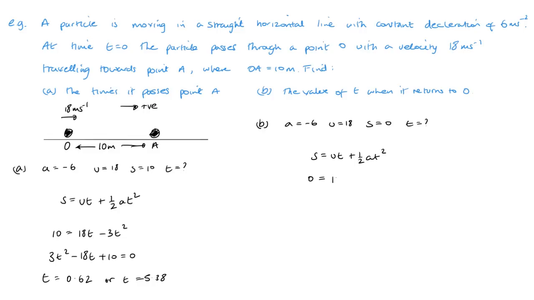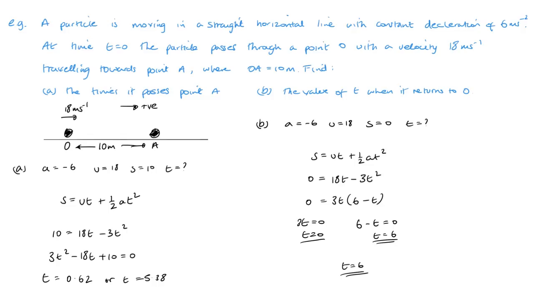So 0 equals 18t minus 3t squared. So take 3t out, and that'll leave me with 6 minus t inside my brackets. So 3t equals 0, or t equals 0, which we know, and 6 minus t equals 0, or t equals 6. Okay, so the value when it returns is t equals 6.